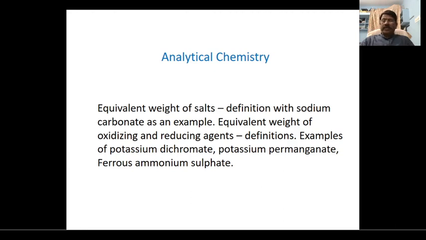The subtitle of this chapter, Analytical Chemistry, is Equivalent Weight of Salts, definition with sodium carbonate as an example, equivalent weight of oxidizing agent and reducing agents, definition, examples of potassium dichromate, potassium permanganate, ferrous ammonium sulfate.